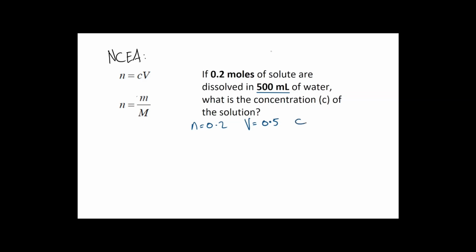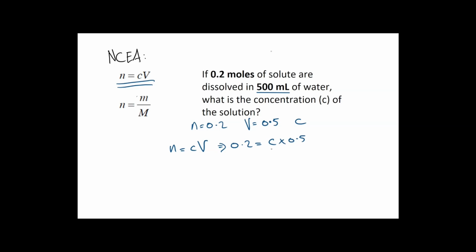And we're looking for the concentration. Which equation are we going to use? Clearly we're going to use that one. So N is going to be equal to C capital V. So that's going to be 0.2 is going to be equal to concentration times 0.5.